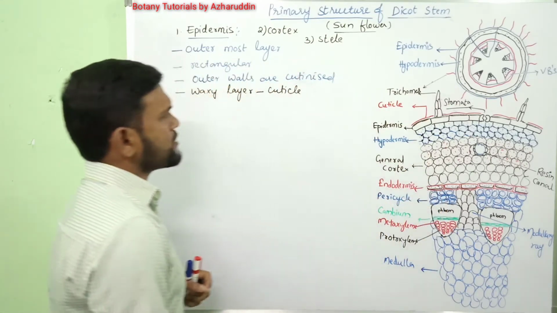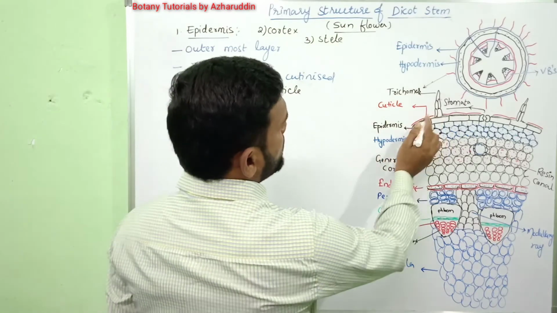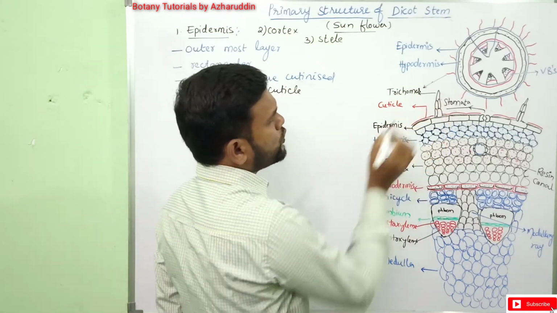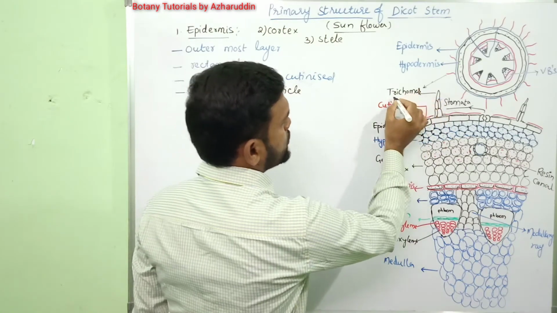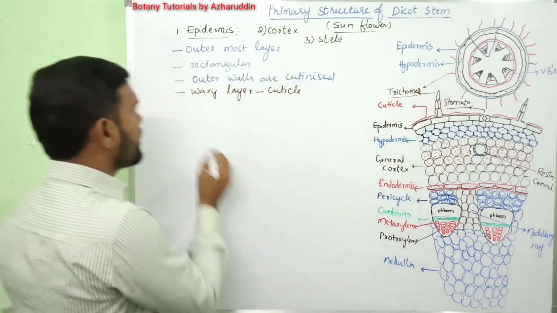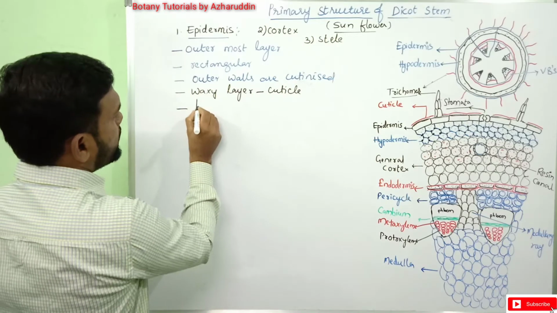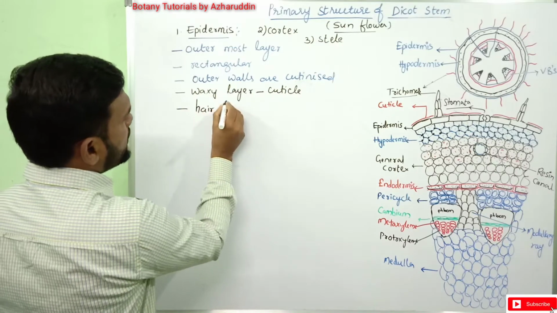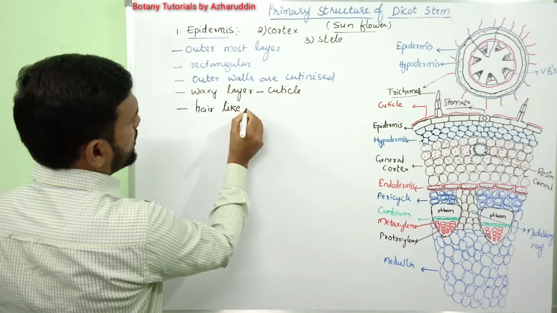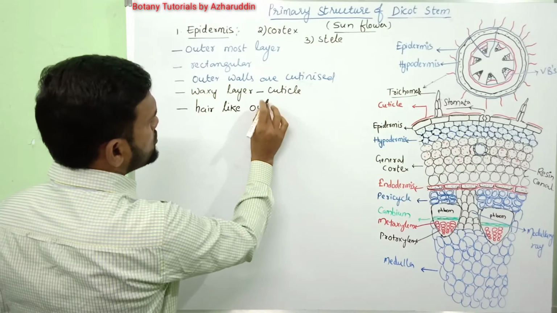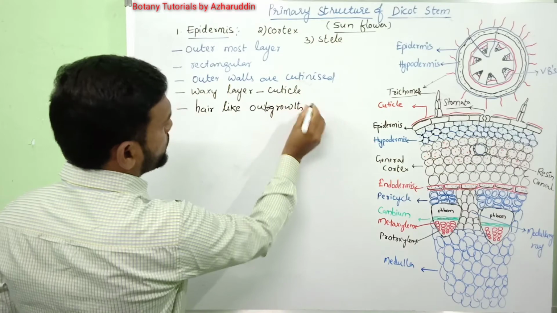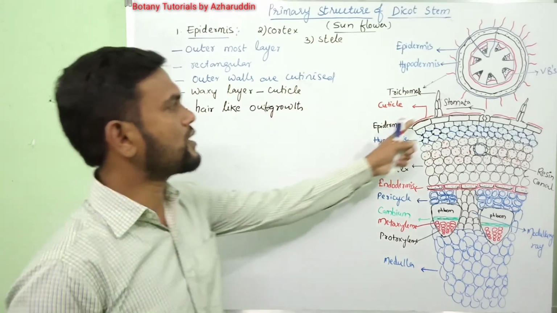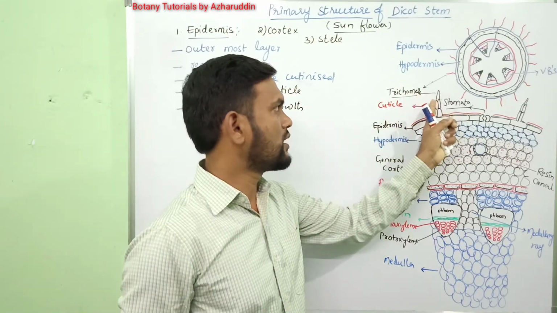Next, some of the epidermal cells give rise to uniseriate or biseriate hair-like structures, or hair-like outgrowths. These outgrowths are called trichomes.